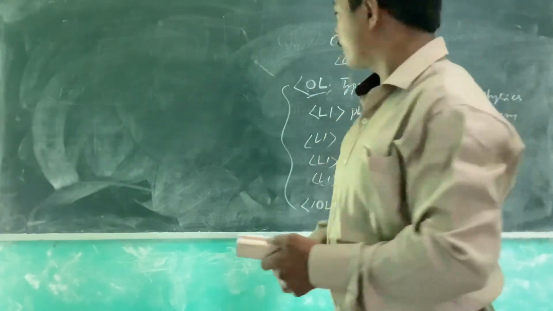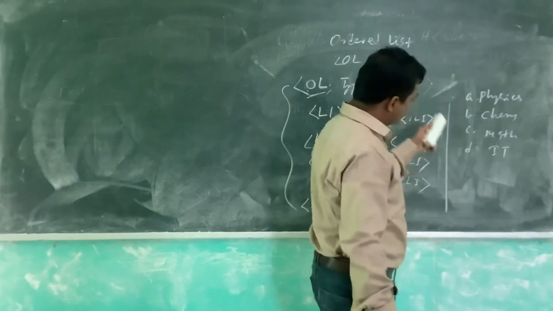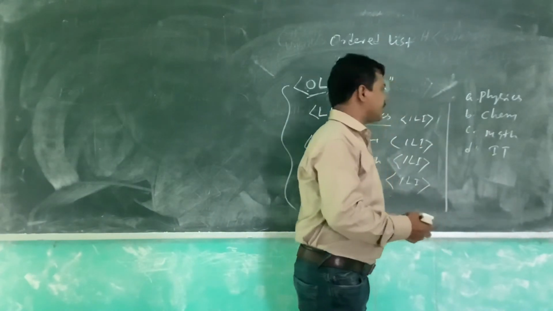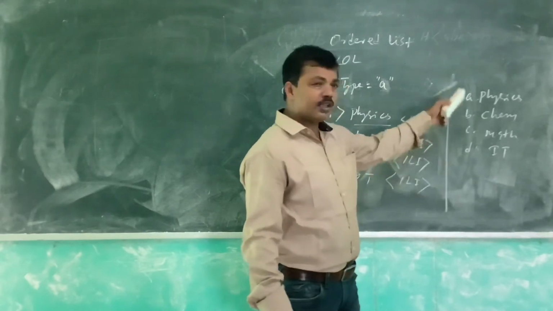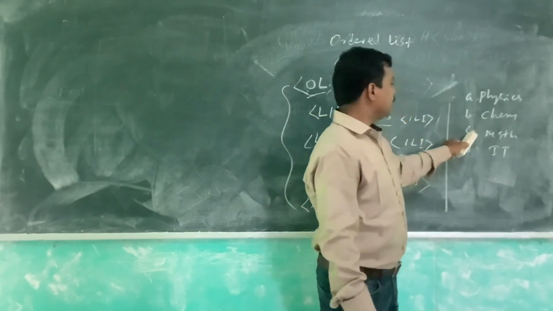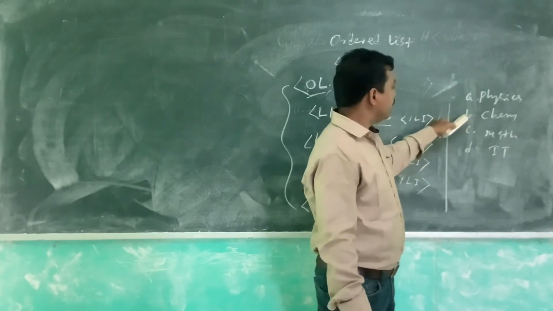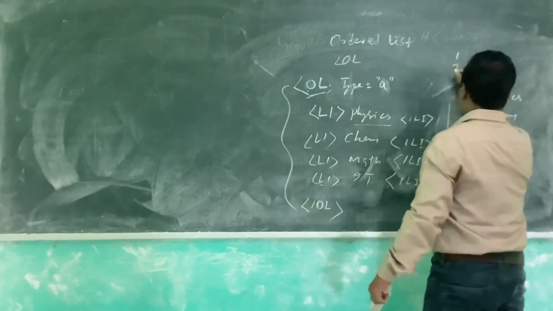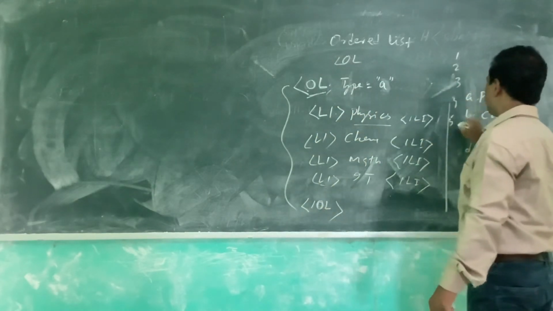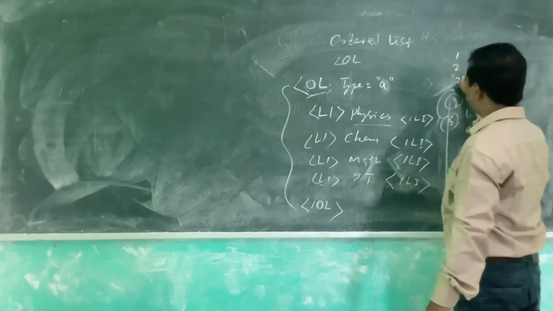Okay. Similarly, it is known as an ordered list because C cannot be placed before B and B cannot be placed before A, or 1, 2, 3, 4, 5. 5 cannot be placed before 4 and 4 cannot be placed before 3.